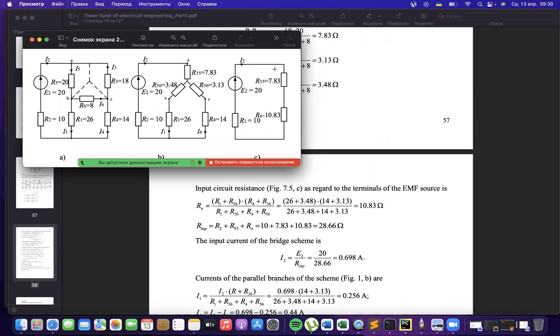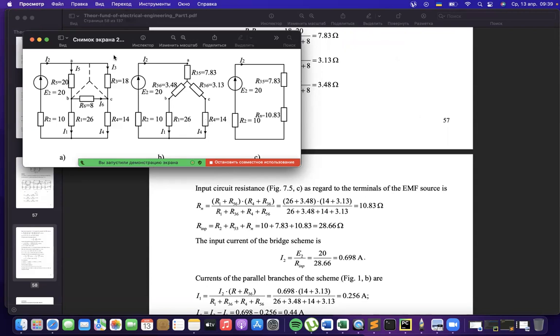Then we could add all 3 resistors near the source as 10 plus 7.8 plus 10.8 to obtain the total number and find the total current near the source. The total resistivity of this whole system equals 28.7.